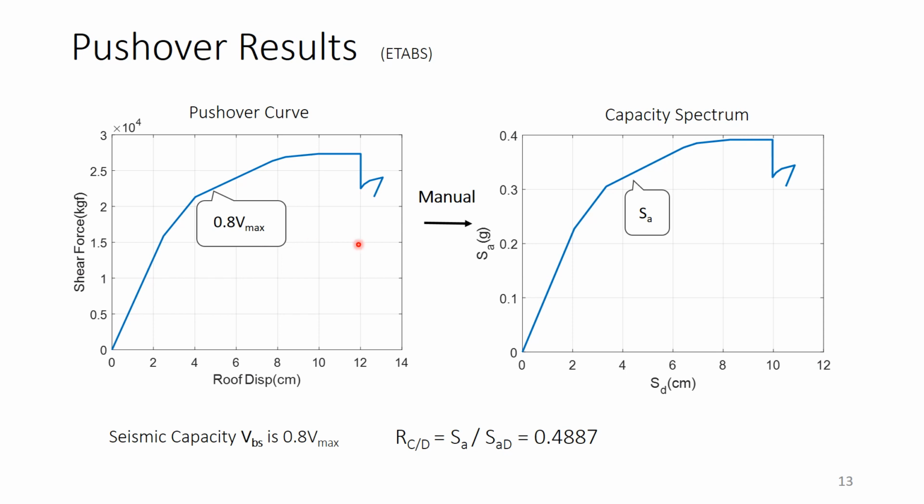And by the manual of retrofit of school buildings, for this point, 80% of Vmax, the corresponding spectral acceleration SA is determined. Once we have SA, we can calculate the RCD, which is SA divided by the demand SAD, which is equal to 0.4887, which is less than 1. So it means that this example structure needs to be retrofit.